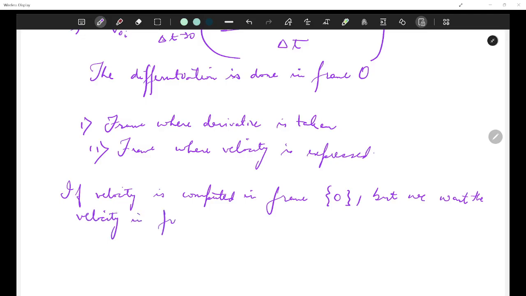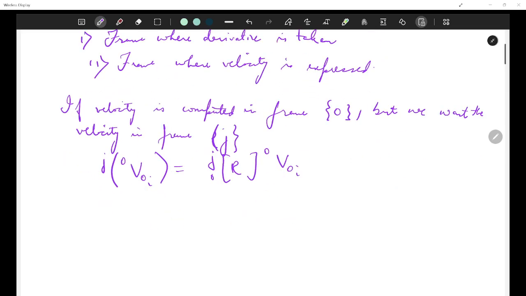Let's say in frame j, if we want it, then ʲv_Oi is equal to ʲR₀ ⁰v_Oi. So velocity transformation is via a rotation matrix. This should be very clear.